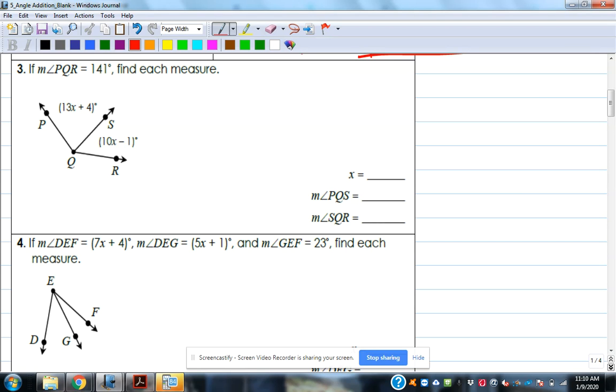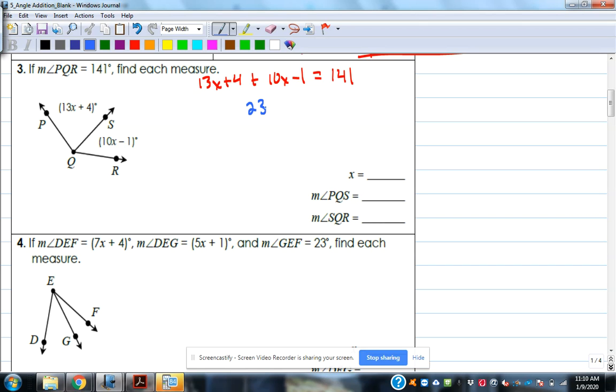Good job. Angle addition postulate says if I add up the two smaller angles, they should add up to be the whole angle. And that's the measure that they gave me, the whole angle, the big PQR. So 13x plus 4 plus 10x minus 1 is equal to 141. And we're going to solve that equation. Good old easy algebra 1 stuff there.